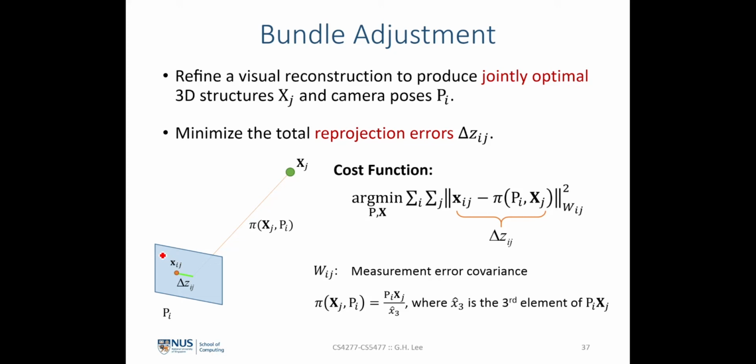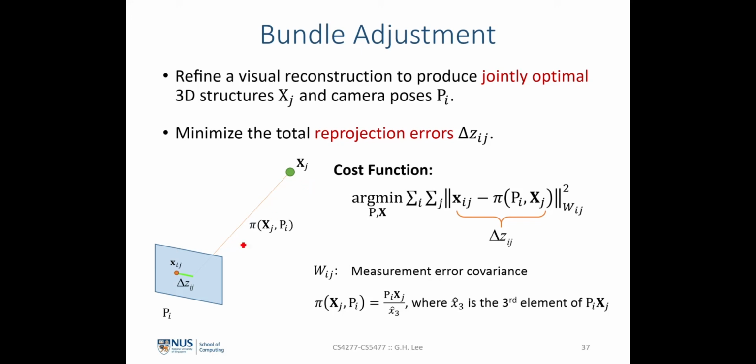Suppose that we are looking at one particular image in the multi-view reconstruction as seen in the earlier slides, and we denote the camera matrix of this particular image as Pi. And suppose that there is a 3D point which is reconstructed and seen by this particular image, which we denote as xj over here.